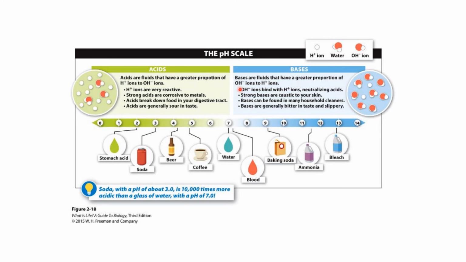Hydroxide is an oxygen bound to a hydrogen. If you have more hydrogen ions and fewer hydroxide ions, your solution is acidic. If you have more hydroxide ions and fewer hydrogen ions, then your solution is basic. What is neutral? Neutral is around 7, and it means your hydrogen ions are equal to your hydroxide ions.